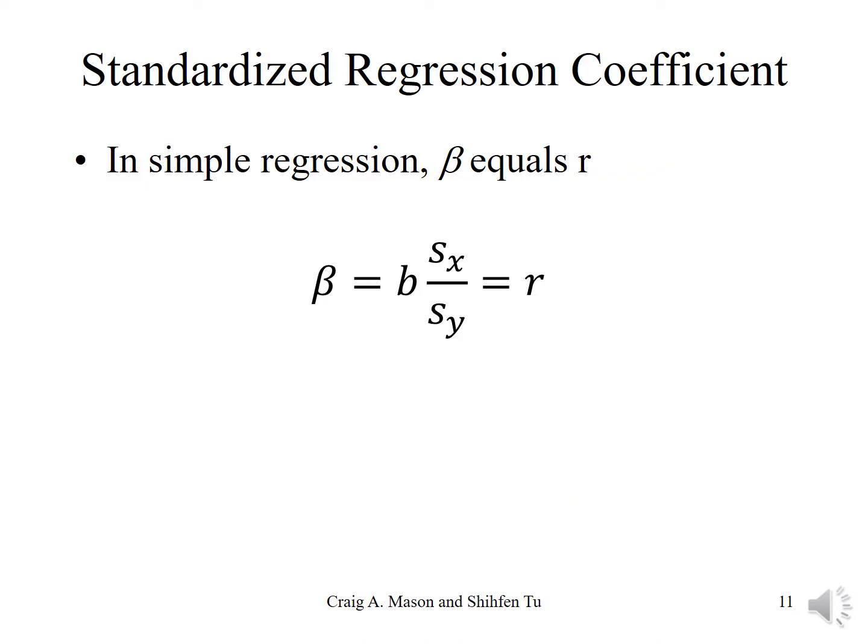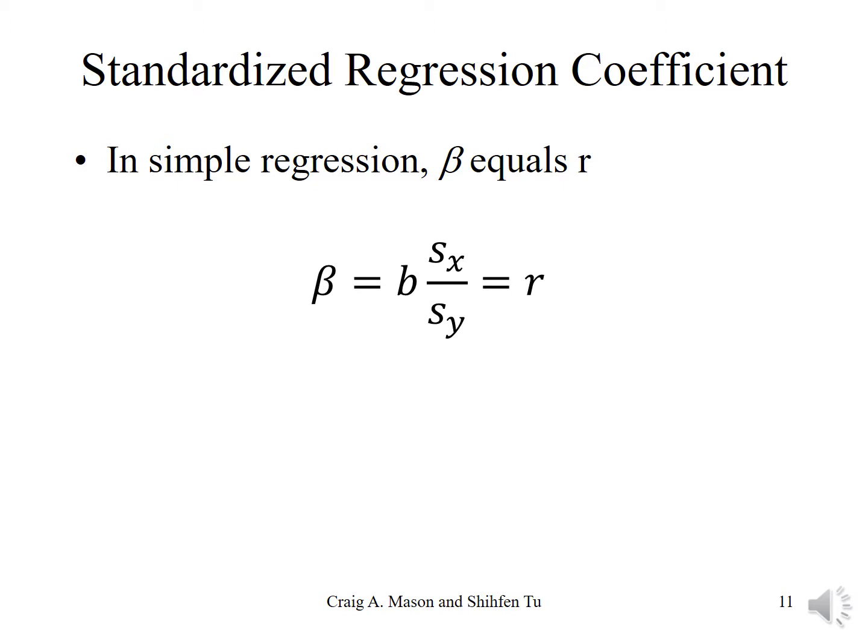Now, before wrapping this up, it's worth noting that in simple regression, where we have a single predictor, the standardized regression coefficient is in fact equal to the correlation coefficient. That may initially seem surprising, but if you think about it, it actually makes sense. They both describe the linear relationship between x and y in terms of standard deviations or z-scores.